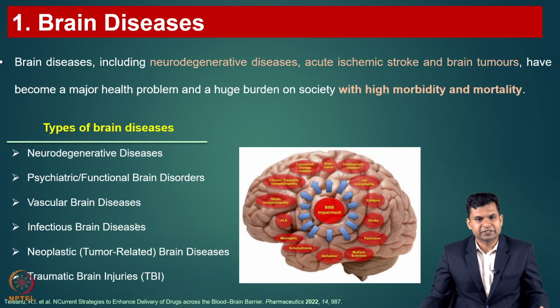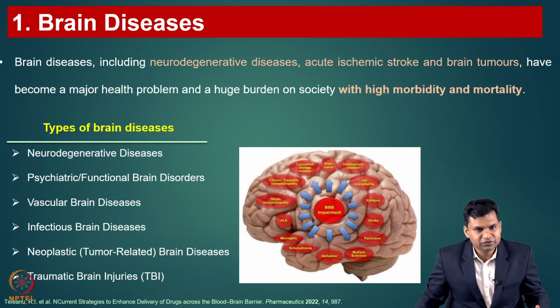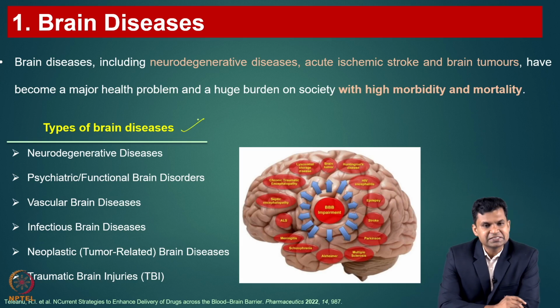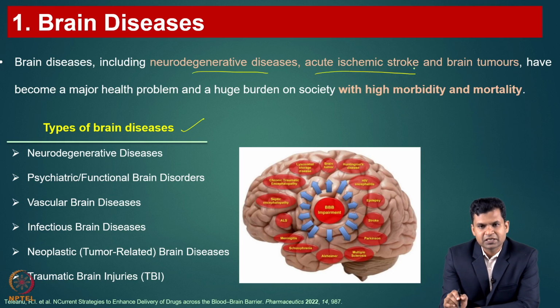and we will also end our session with a case study. So, as we know, these are the various types of brain diseases, for example neurodegenerative diseases, acute ischemic stroke, and brain tumors, which is not limited to these.